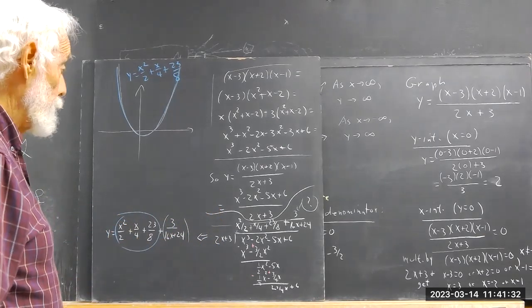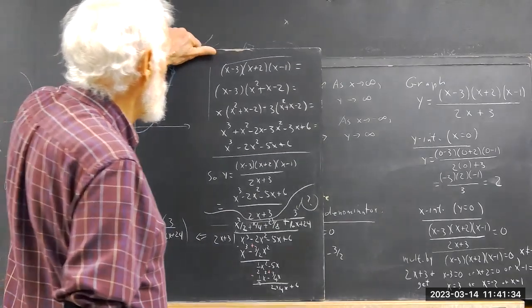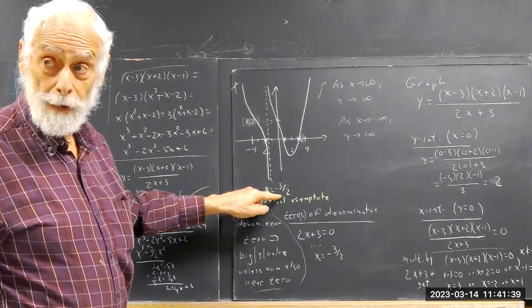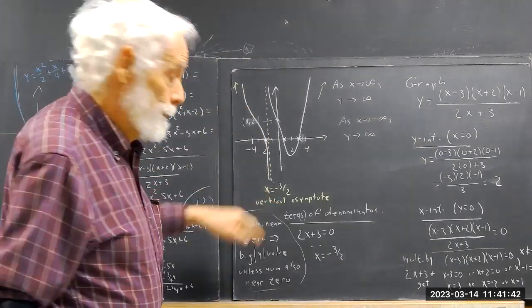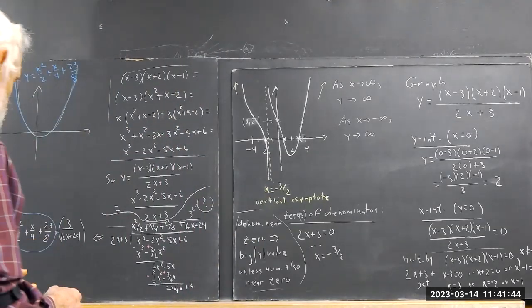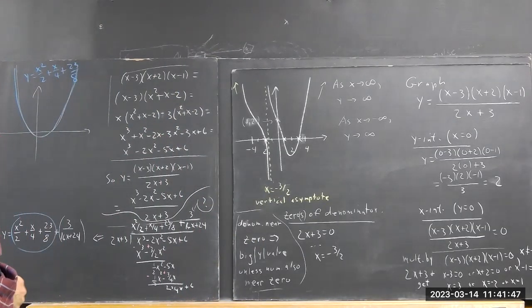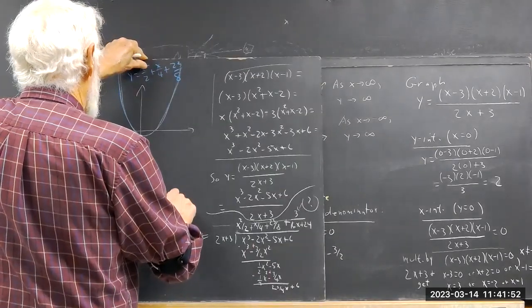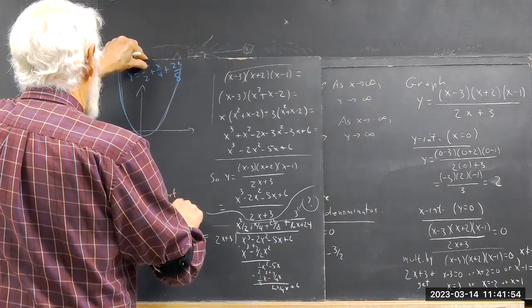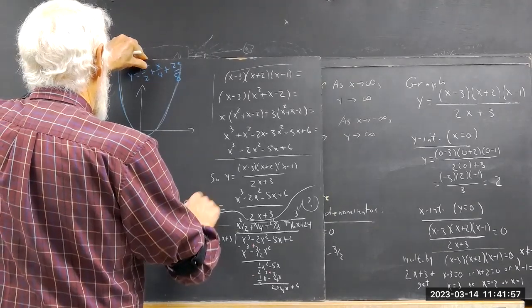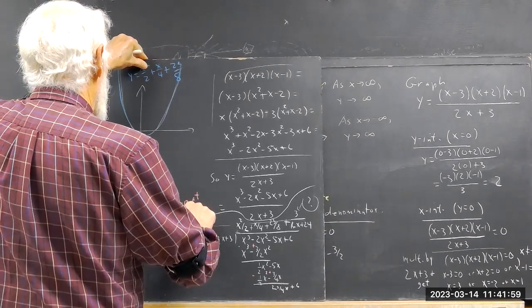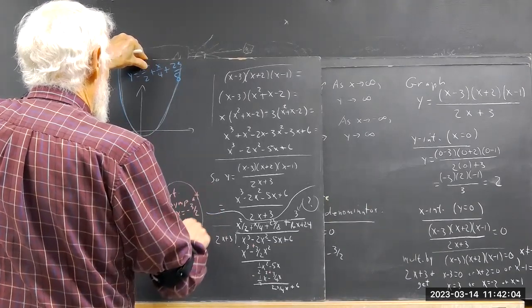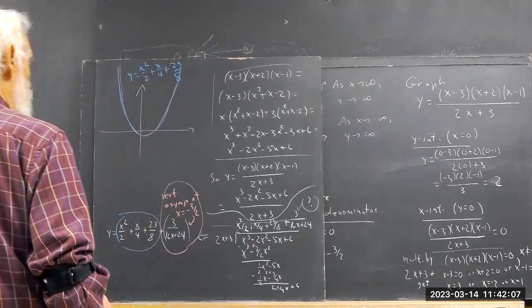You don't have to know the details of that, but that agrees perfectly with the fact that we have a vertical asymptote at -1.5. Okay, so this function has a vertical asymptote that actually was -3/2.